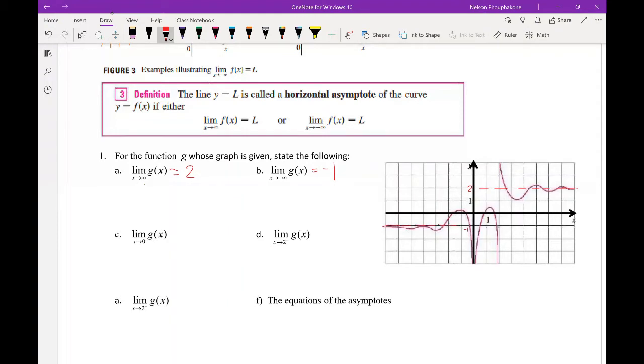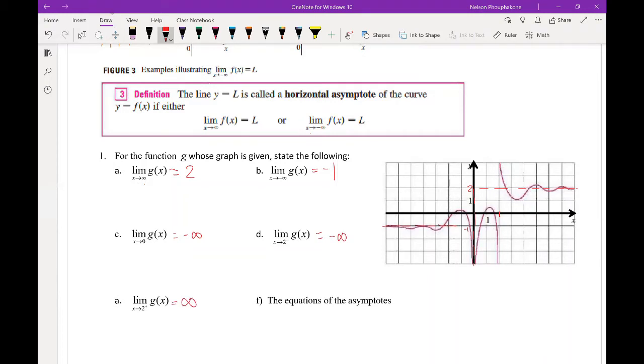The limit as x approaches 0, where 0 is this line right here, of g of x, the output goes to negative infinity. And now as x approaches 2, where 2 is here, from the left it goes to negative infinity, and from the right it goes to infinity.